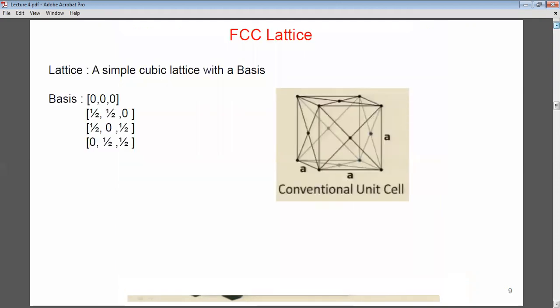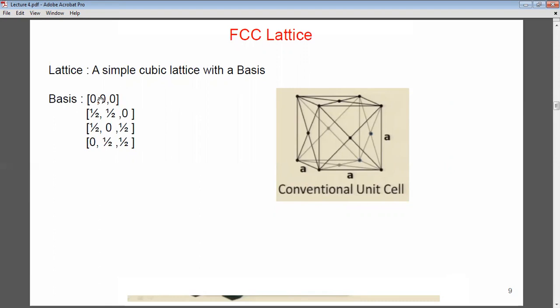Also, as in the case of a BCC, I can think of the FCC lattice in two ways. One way to describe the FCC lattice is just saying it's an FCC lattice. This means automatically that it's a cubic lattice with 8 corners occupied, and on all the faces there is 1 lattice point in the center of them. But another way to describe the FCC lattice is by saying it's a simple cubic lattice with a basis.